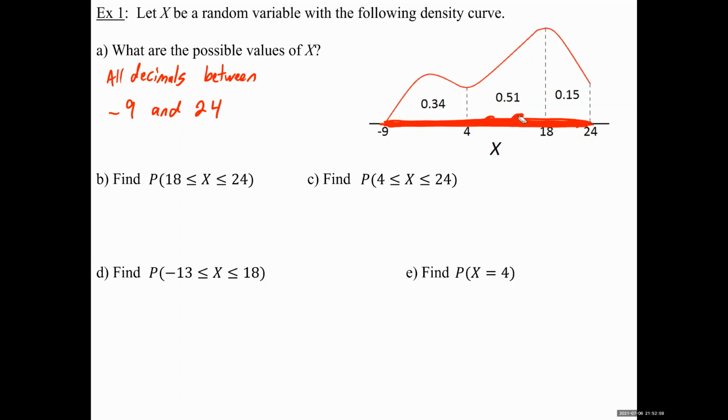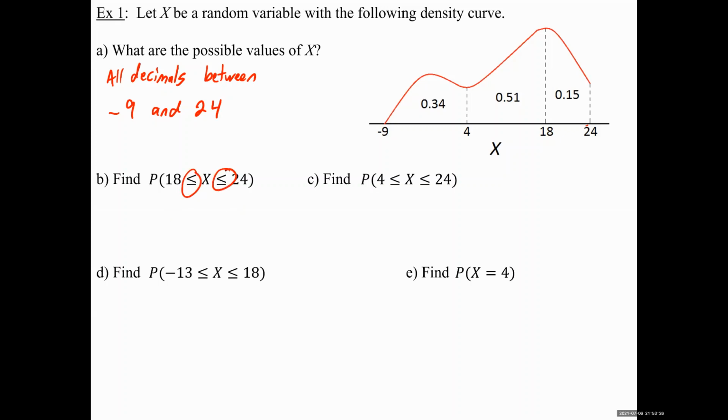All right. So now we're going to ask some probability questions. We've seen this notation once before, but we need to make sure we really understand it now. This is the notation when you want to write between. You put the variable in the middle, you put the smaller number on the left, the bigger number on the right, and you have to put two less thans.